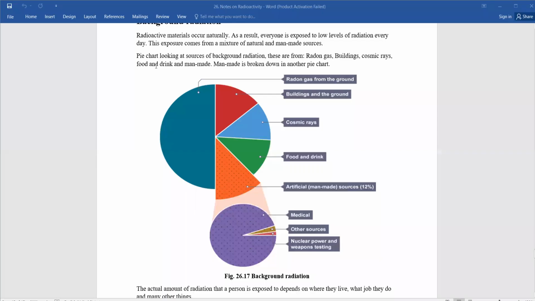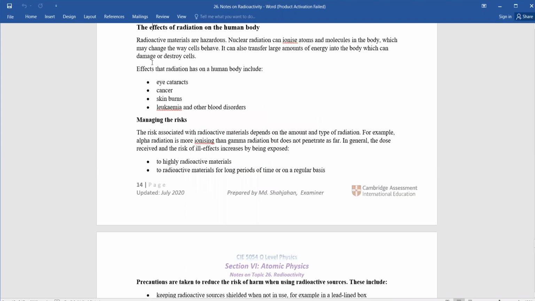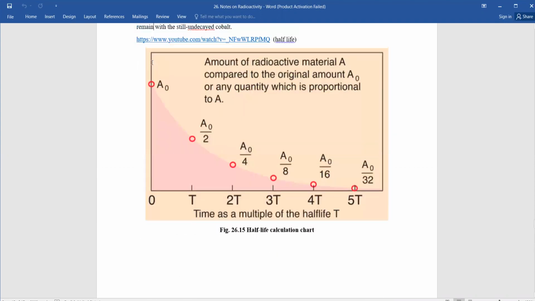Okay, what you are seeing? It's background radiation. Then before background radiation, we have half-life.